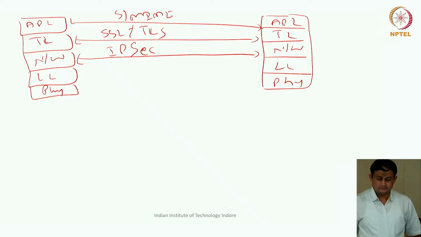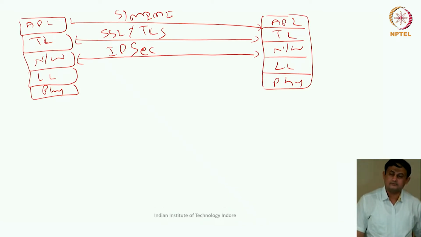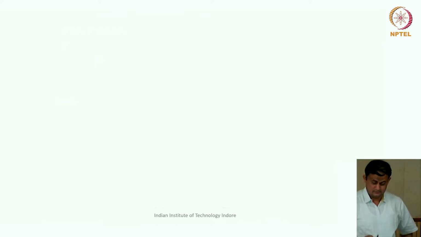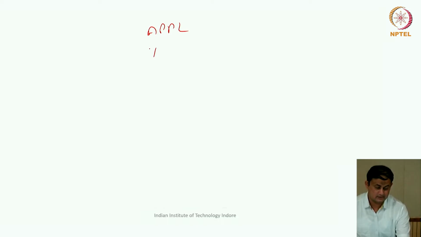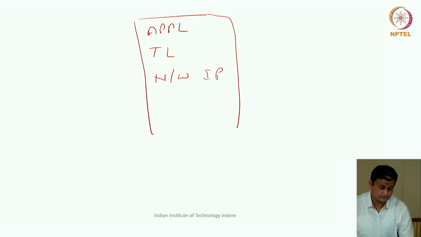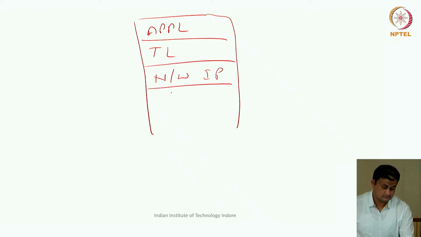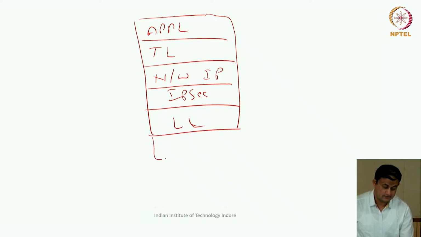In fact, in the true sense, it does not operate at the network layer. You can think of something like this. If I start right from the application layer, and then the transport layer, and then the network or IP layer, you can think of IPSec as sitting somewhere in between the IP layer and the link layer.